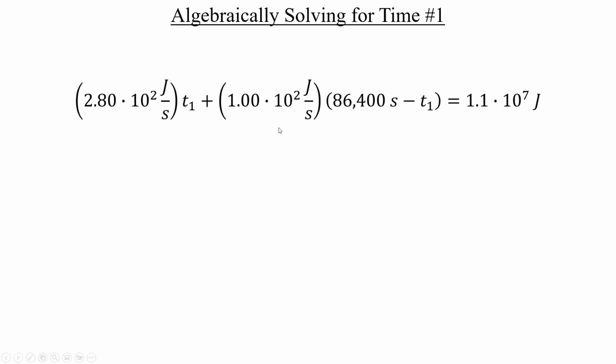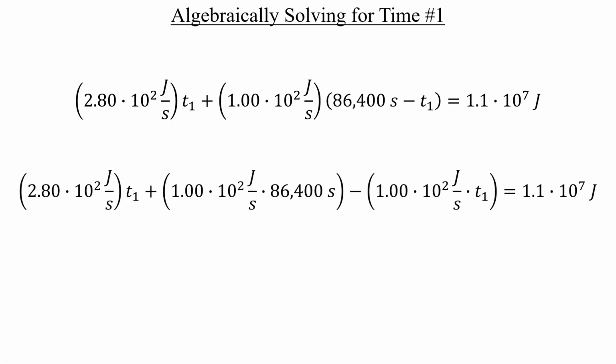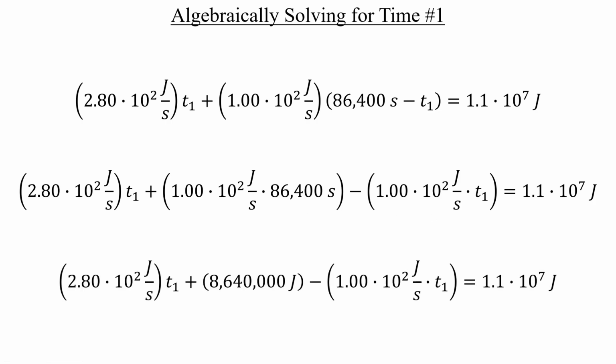I'll distribute this 100 joules per second quantity into this nearby parentheses and separate the results so that it's clear to see what's going on. In the second term here, we're taking 100 joules per second times 86,400 seconds, and that will result in this quantity of joules.